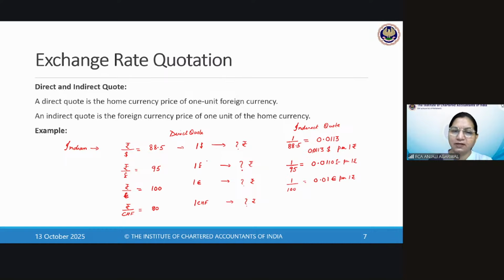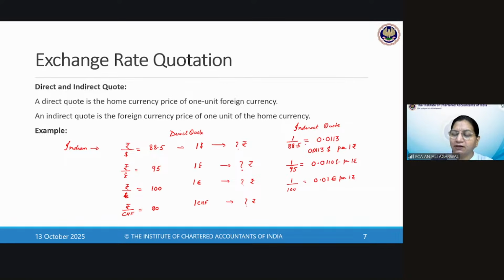So you will see intuitively also that we are comfortable with these rates. We as Indians are okay if we get a direct quote of how much we have to pay for $1, for 1 pound, for 1 euro, for 1 Swiss franc, or any other currency. But if you are asked that to buy dollars, you have to pay $0.0113 for every rupee, this doesn't make us comfortable. So this becomes an indirect quote for us.